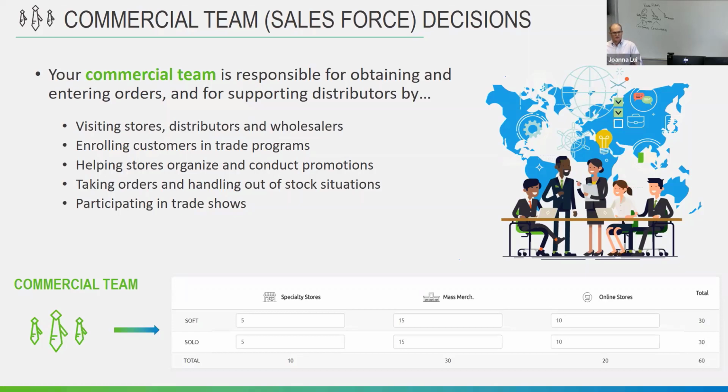So that means they're either going to the mass merchandisers or to the specialty stores or the online guys, and they are also brand specific. So they're selling one brand to a channel. You can move them around without any sort of penalty. You can also hire and fire them. And in Markstrat, your printout will tell you what your costs are to hire or fire.